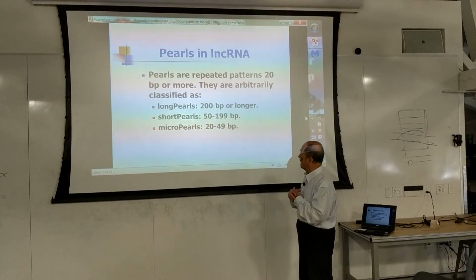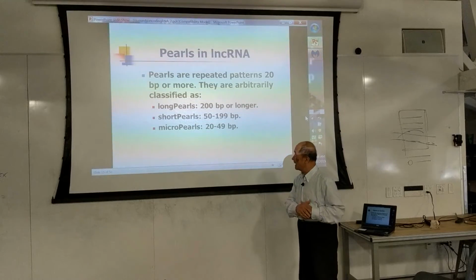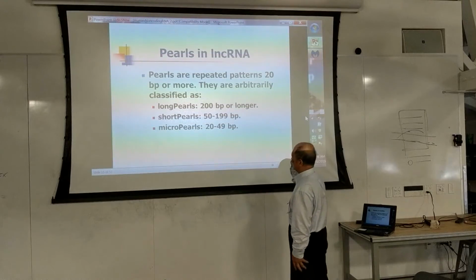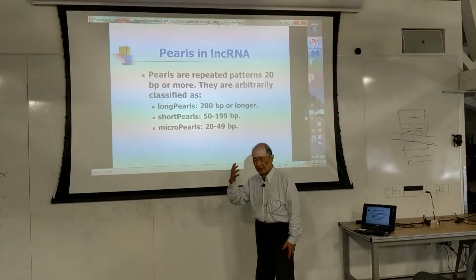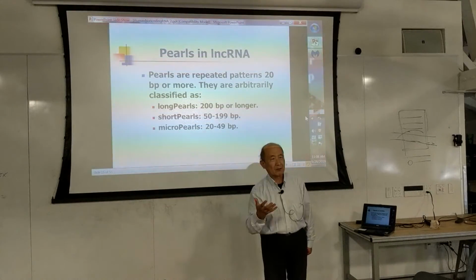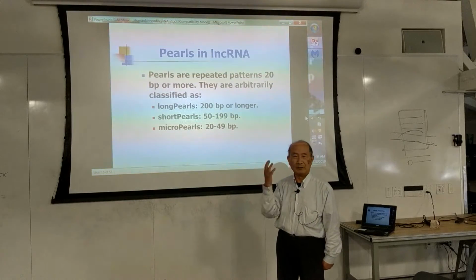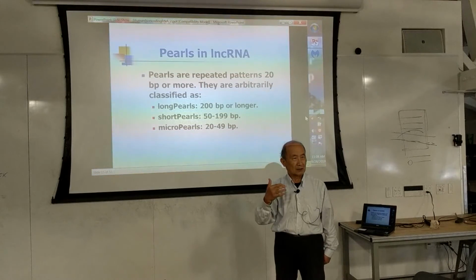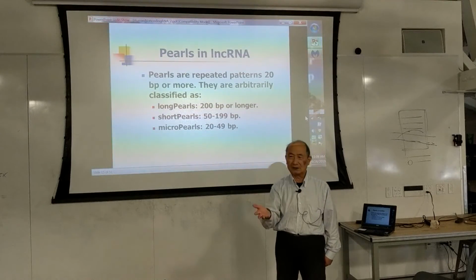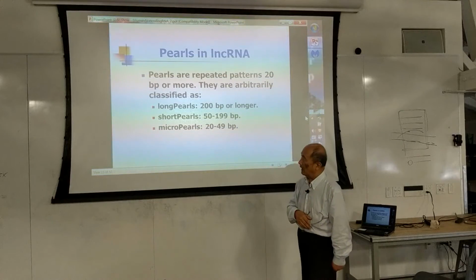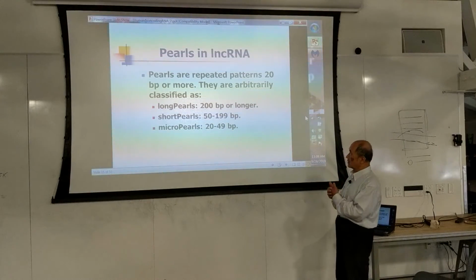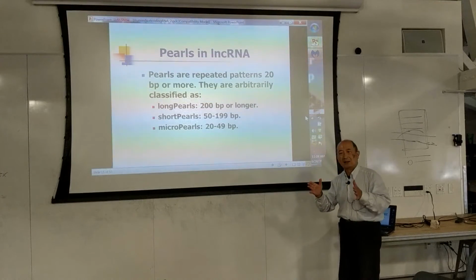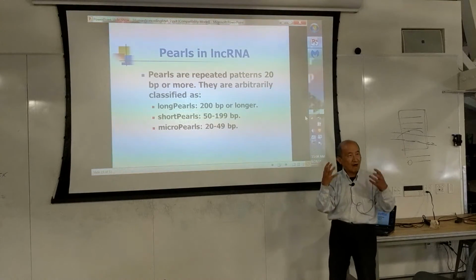So for the nomenclature, I use pairs and necklaces deliberately to be different from the microbiology terminology. I don't want to call them RNA or DNA or this well-known terminology, so I call them pairs. And these pairs I identified in long non-coding RNA databases.